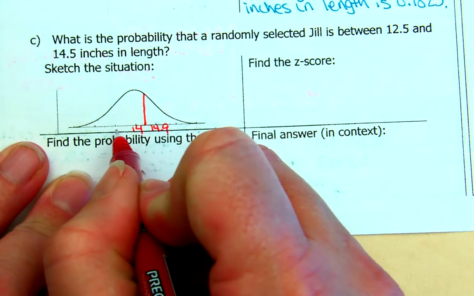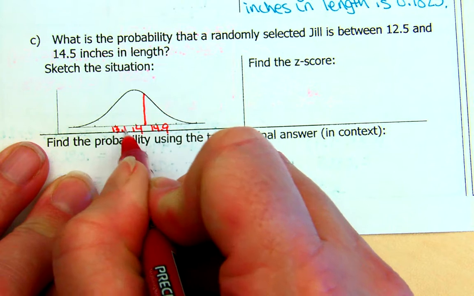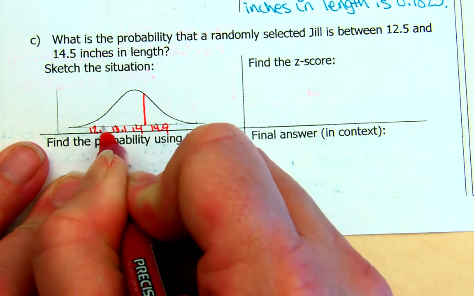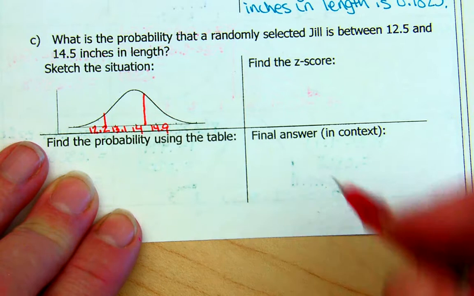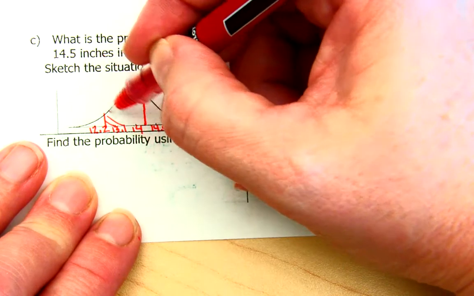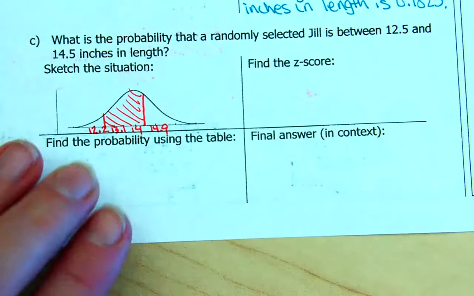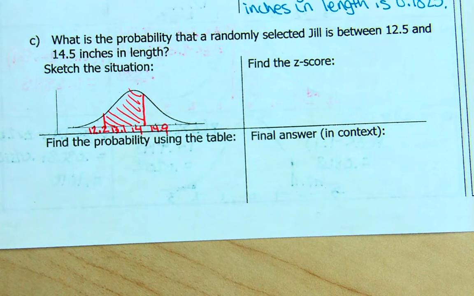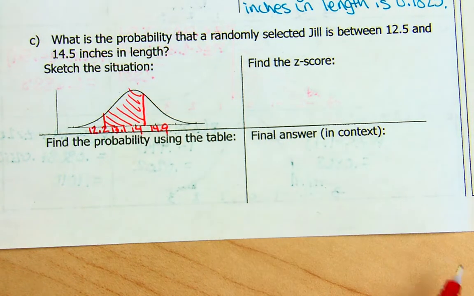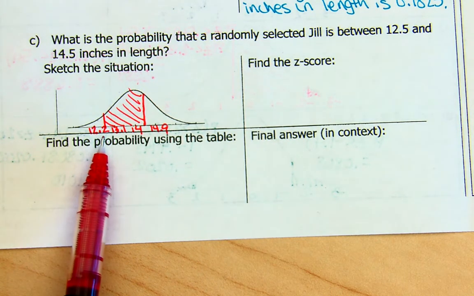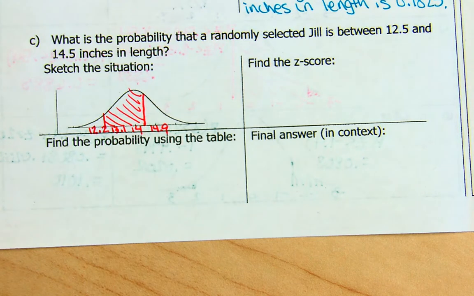And then 14.1, 12.2, so it's going to be in between there. So I'm shading in between these lines. So now when I'm finding the z-score, I need to show both of them. Okay, I'm going to find a z-score for the 12.5 and a z-score for the 14.5.